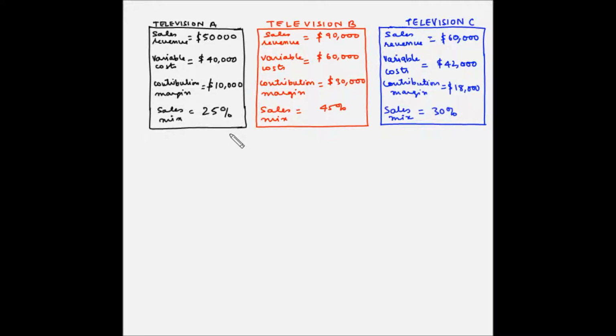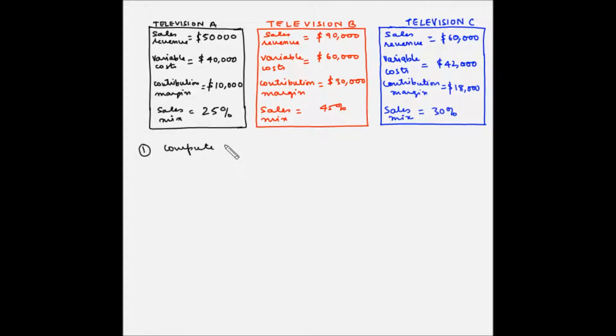So the information provided to us has been mentioned in these three boxes representing television A, television B, and television C respectively. Now the first question is to compute the break-even point in sales.